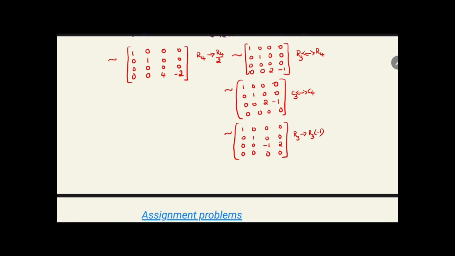Then what does it become? 1 0 0 0, 0 1 0 0, 0 0 if I multiply minus 1 with minus, it becomes 1, and this is minus 2, 0 0 0 0. Clear students?